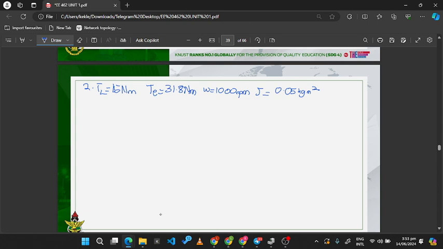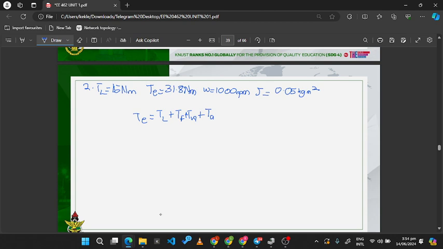Okay. So from the equation, TE is equal to TL plus TF plus T windage plus the acceleration torque.